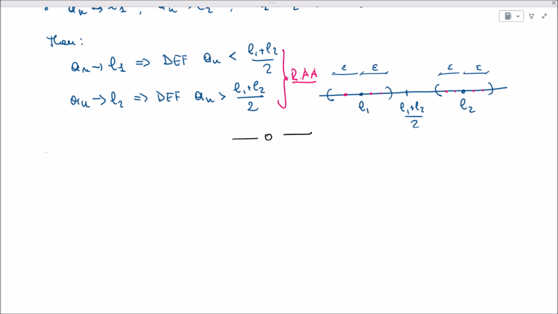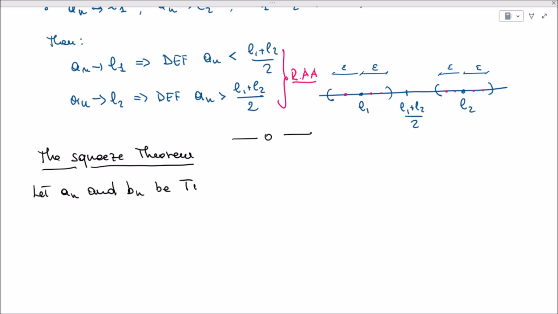which is the so-called squeeze theorem. Let an and bn be two sequences of real numbers.